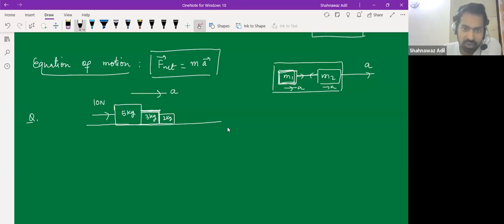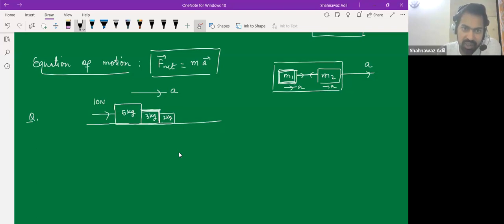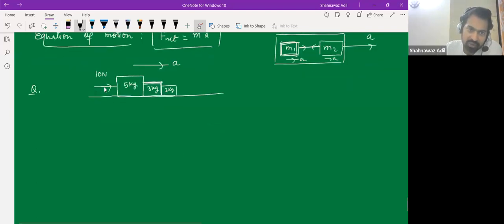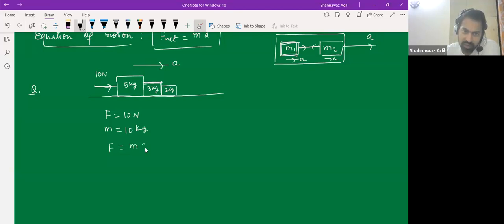Okay, so now what do we have? We have a total force of 10 Newton, right? And what is the total mass? 10 kg. Good. So the mass is 10 kg. We know that F is equal to MA.